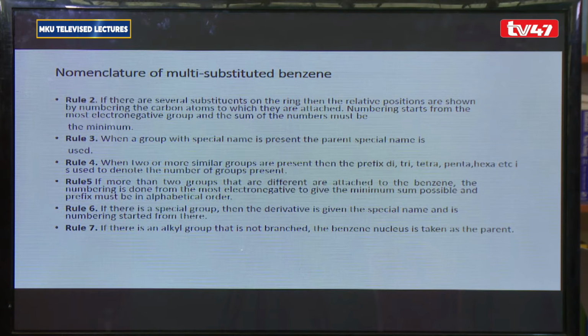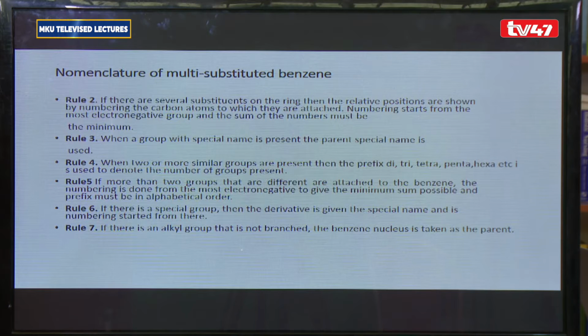Rule number 4: when 2 or more similar groups are present, then we use the prefix di, tri, depending on the number. So if it's 2, you use di. If it is 3, you use tri. If it is 4, you use tetra, etc. And then you add the name of the substituent, and lastly, the name of benzene.